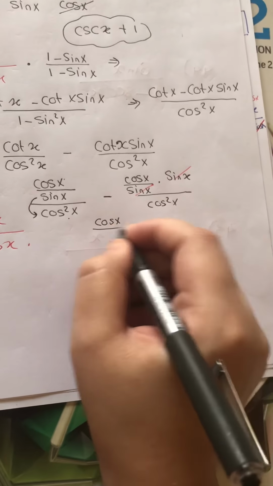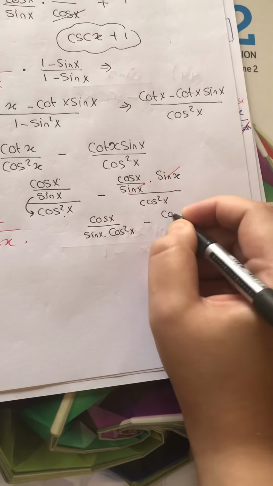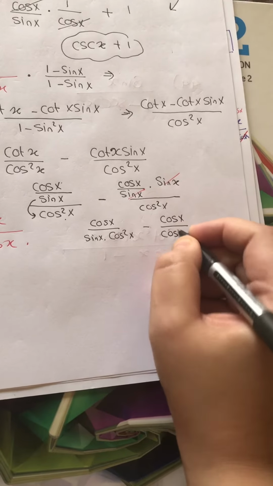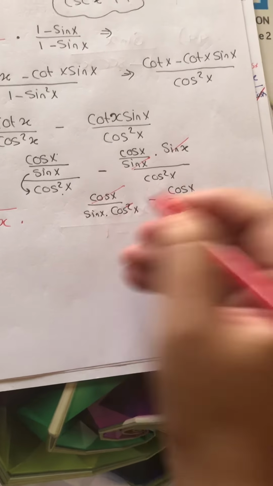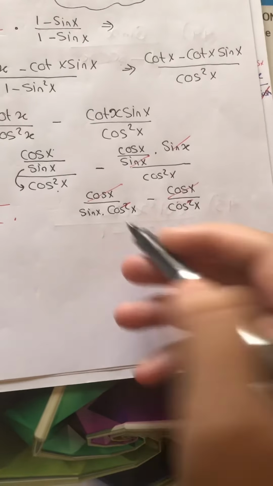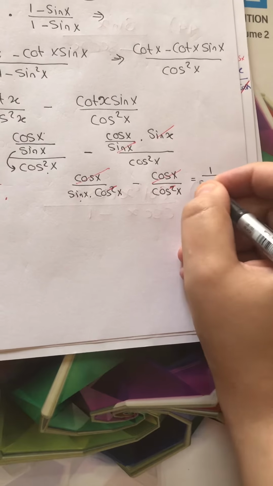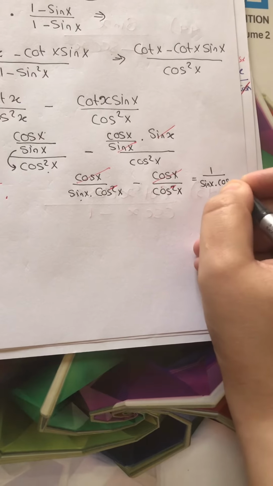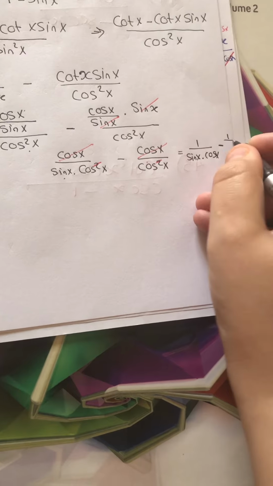So I can have cosine x over sine x cosine squared x minus, here now I have cosine x over cosine squared x. Now I'm just trying to clarify that this can go with one of those and this can go with one of those. What am I left with here? 1 over sine x times cosine x, minus 1 over cosine x.